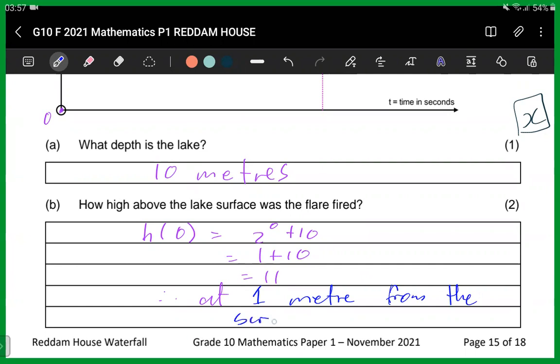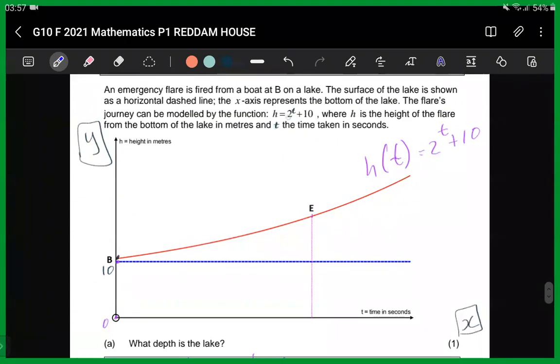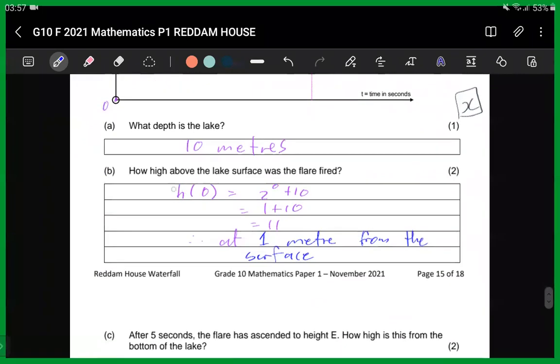This is why these kinds of questions, you just have to be careful, because our equation gives us the height from the bottom. So if our height here from the bottom is an 11, it means from the surface itself, it's just 1, which is what they're asking. How high above the lake surface was the flare fired? It was just fired 1 meter above the lake surface.